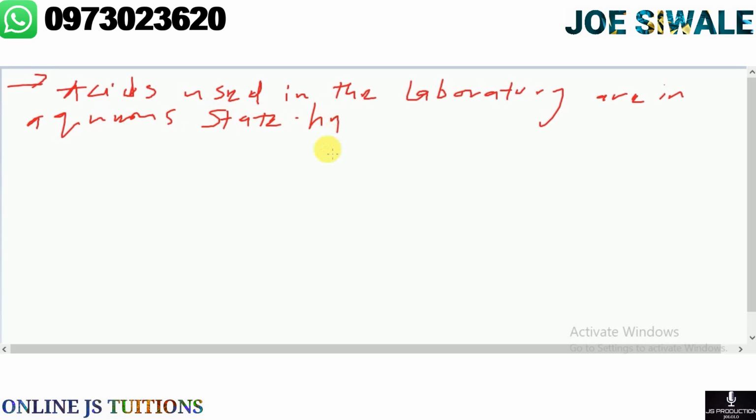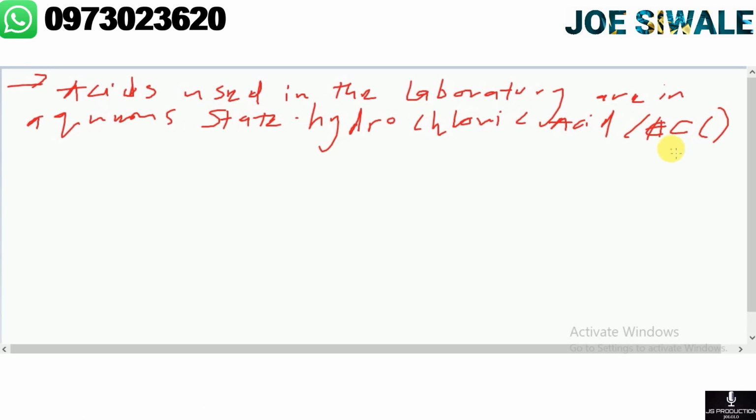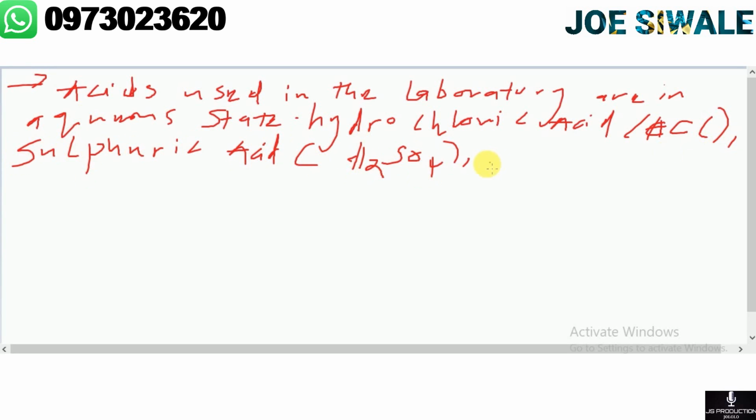Some of the acids that we find in the laboratories are hydrochloric acid, and the chemical formula of hydrochloric acid is HCl. Then we also have sulfuric acid, which is written as H2SO4.